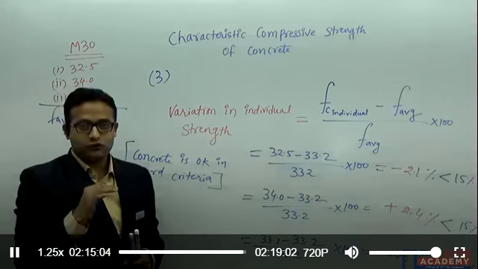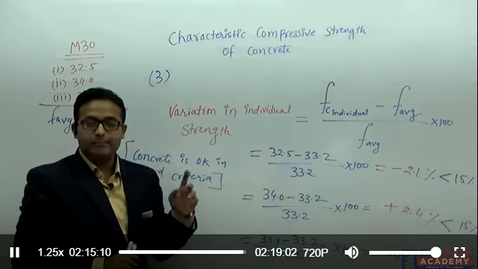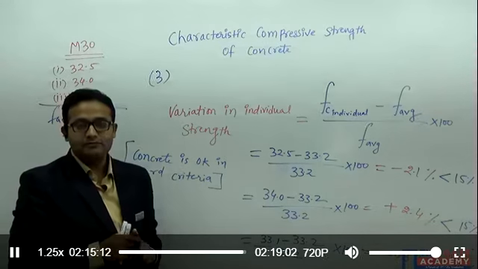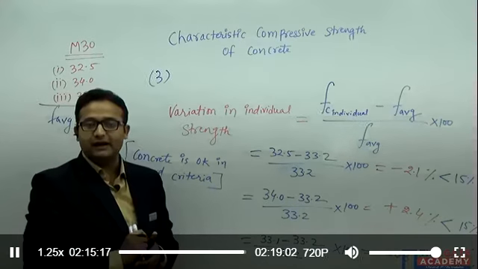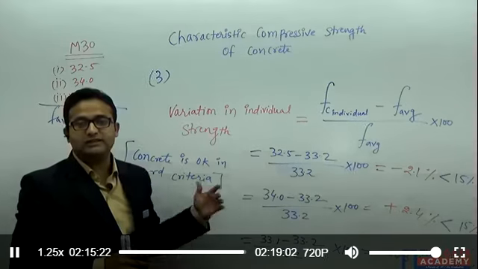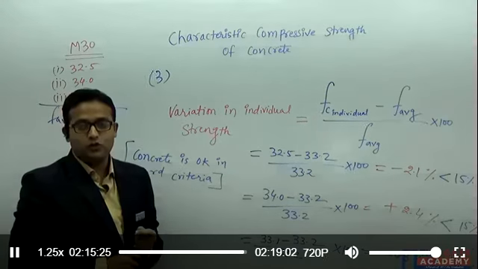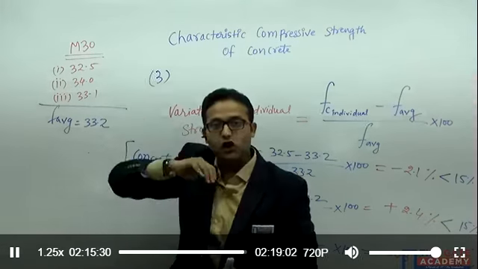Now the question comes whether I should accept my concrete or not. I have seen my concrete is okay in the third criteria and in the second criteria, but not okay in the first criteria. So as a good civil engineer, I should not accept my concrete because it fails in the first criteria. Whatever concrete you have prepared at the site for this particular grade shall not be accepted.